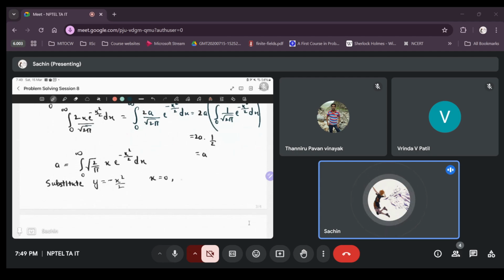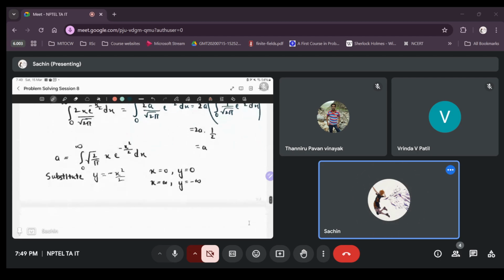When x equals 0, y equals 0; when x equals infinity, y is minus infinity, and dy is minus x dx.